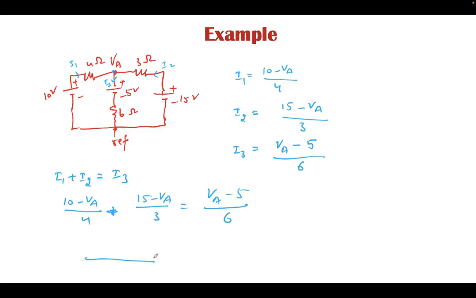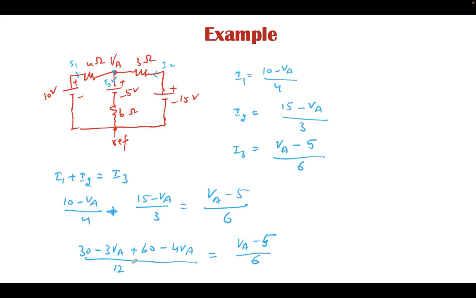Taking the LCM, that will be 12. It will be 30 minus 3VA plus 60 minus 4VA is equal to, that will be 2 times (VA minus 5).